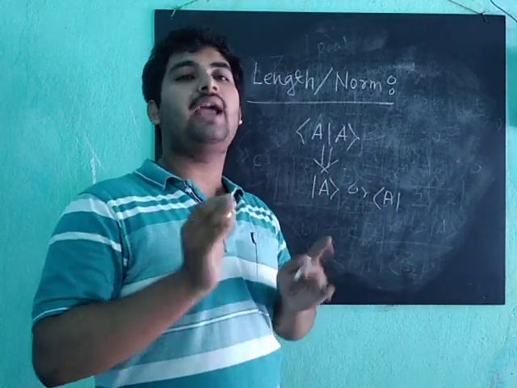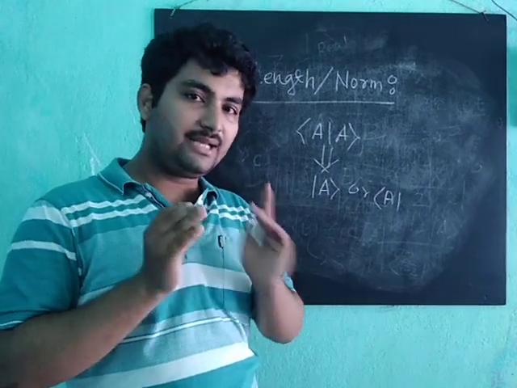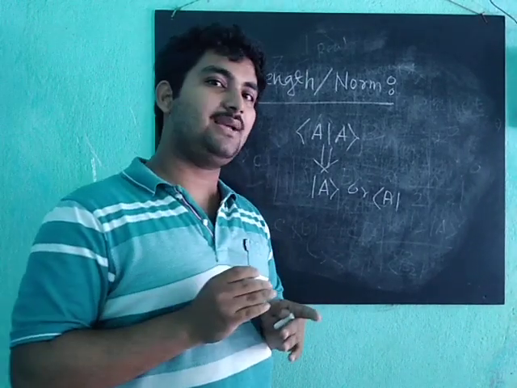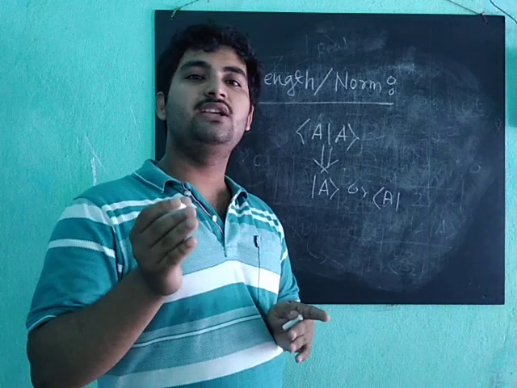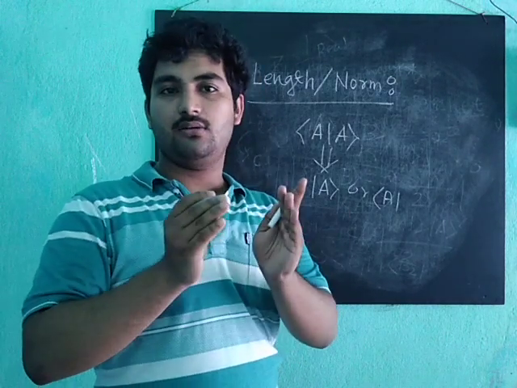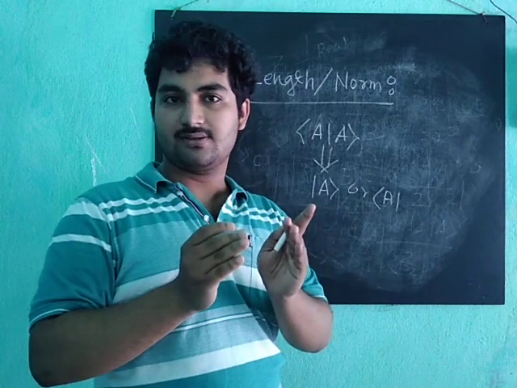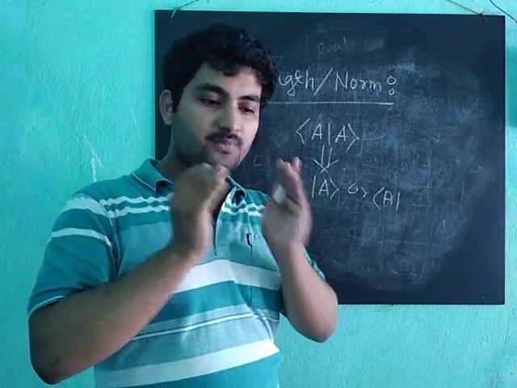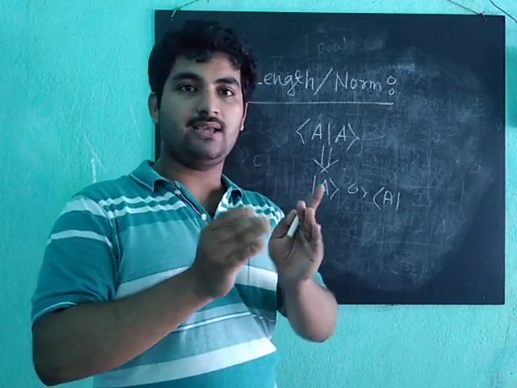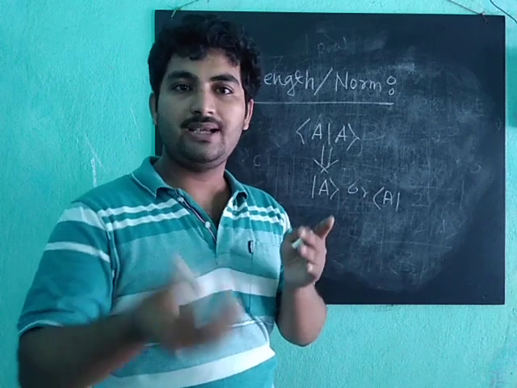So I have told you about the mathematical formulation of the state of the system. Now one more thing is due, which is the dynamical part: the observables like force, momentum, and energy.